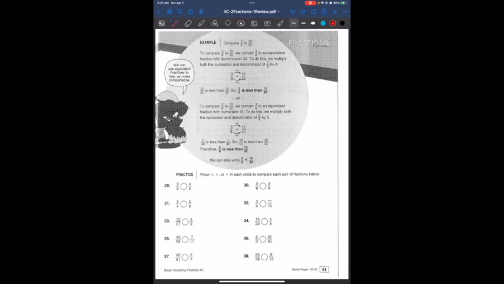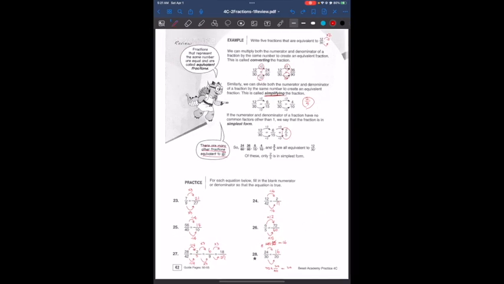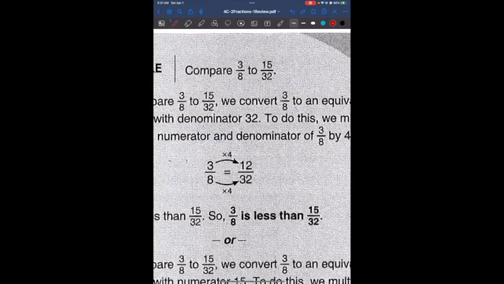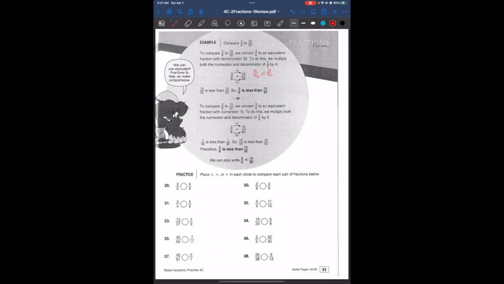So that was 12. But then the question asks, compare it to 15 over 32. And since we know that 3/8 in terms of the denominator 32 is 12 over 32, that is less than 15 over 32. So we can say that 3/8 is less than 15 over 32.